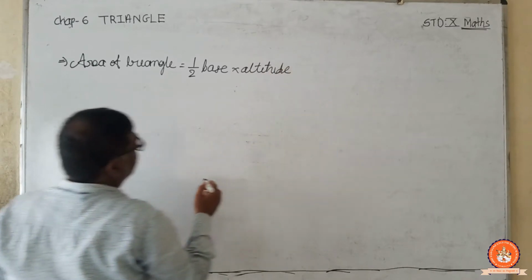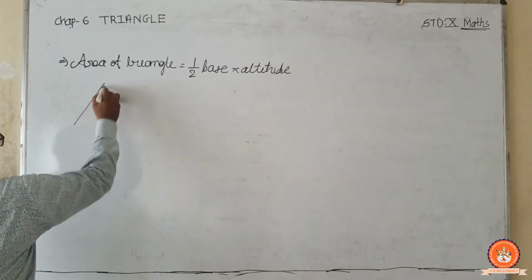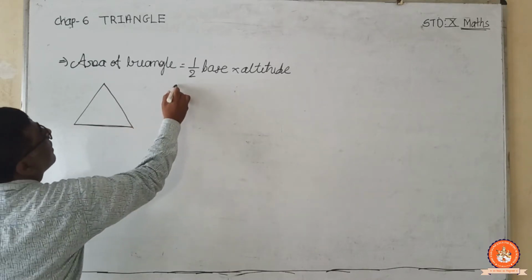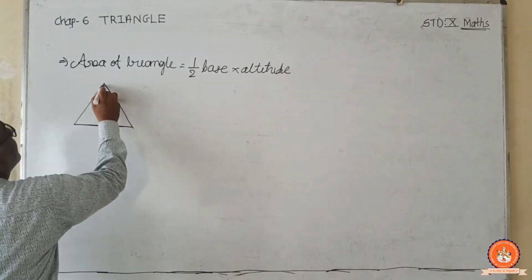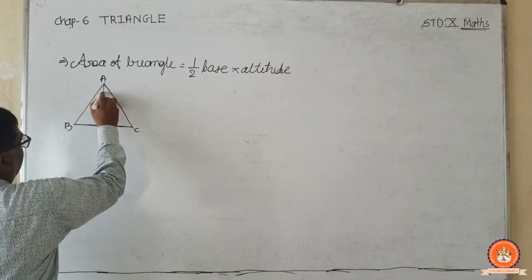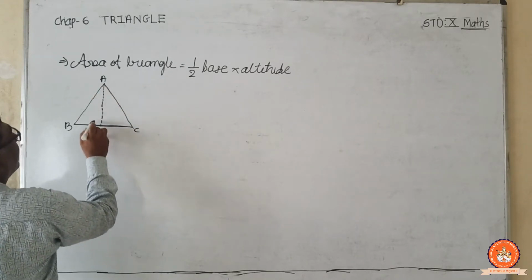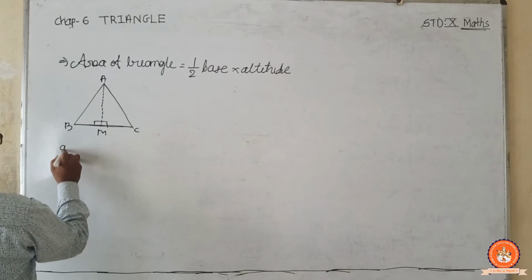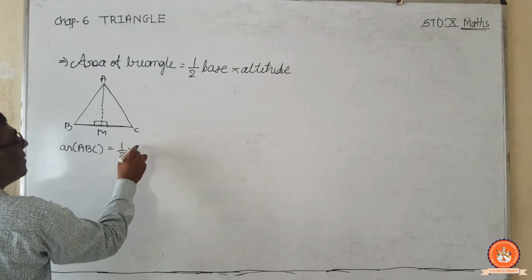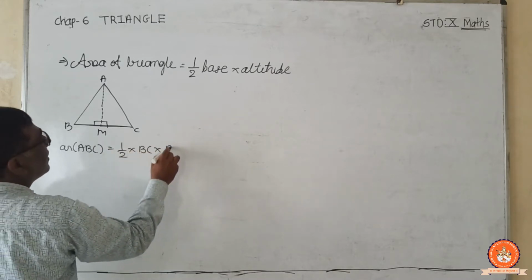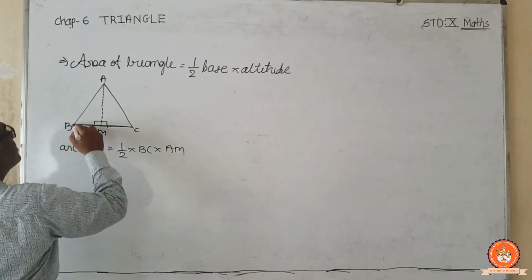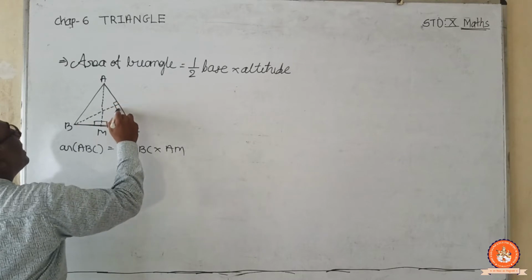Okay, altitude. See, this is a triangle, acute angle triangle, and this one is ABC, and this is the base altitude of the triangle, it's AM. So we can write area of triangle ABC is equal to half into base BC into AM. There are three altitudes corresponding to different bases.